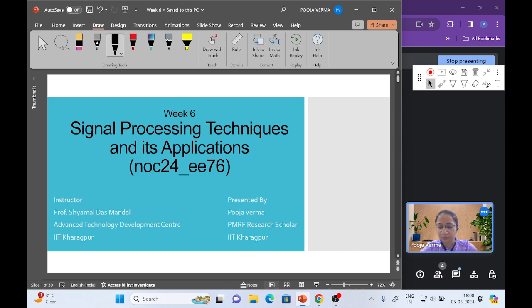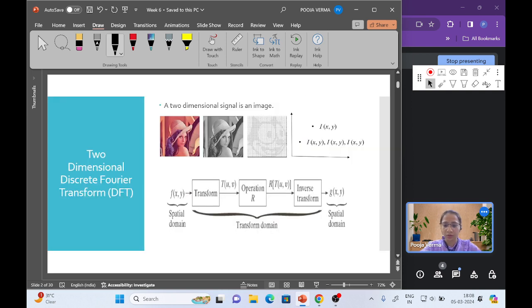The questions are related to the two-dimensional discrete Fourier transform, discrete cosine transform, frequency analysis of long signals using DFT, and short-time Fourier transform.